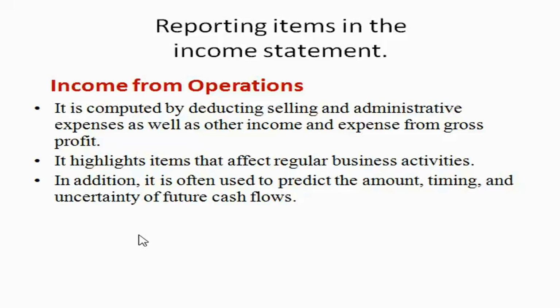The income from operation أنا بطرح all the other selling أو all the expenses اللي خاصة بيا، ولو في اي income خاص بيا كمان هزوده من ال gross profit، عشان اجيب ال income from ال operations.